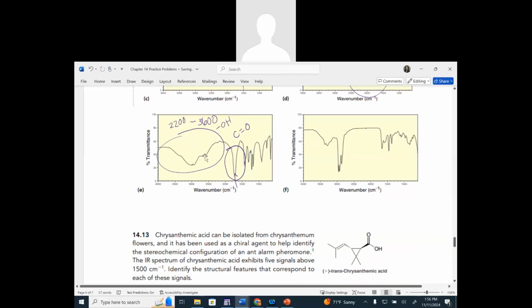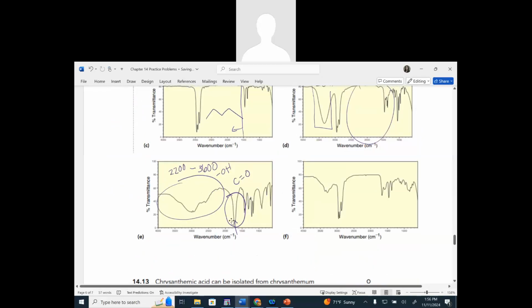Again, for those two stretches that we see, the OH stretch between 2200 to 3600, and then our carbonyl C=O stretch at 1700. In our last spectrum now, we see two signals around here. We have one at around 3450, and then the other one around 3350.